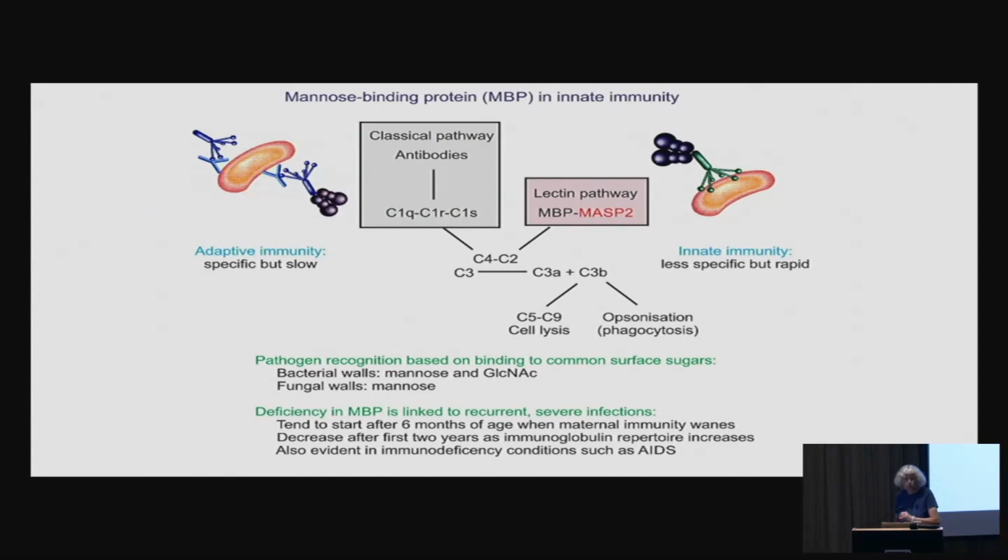Okay, so mannose binding protein in innate immunity. This is a soluble lectin, which can mediate antibody-independent complement fixation. This binds sugars on pathogens, typically mannose and N-acetylglucosamine, which are common in bacterial cell walls and fungal walls.